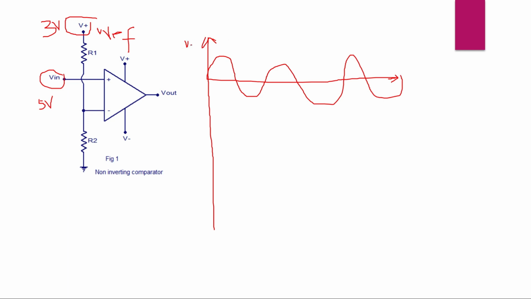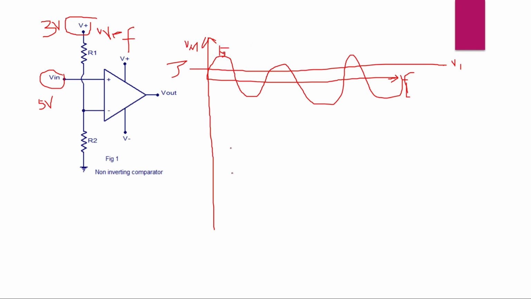Here V in volts is the vertical axis and this is the time axis. This is my input voltage, this is my reference voltage, which is 3 volts, and this peak will be 5 volts.